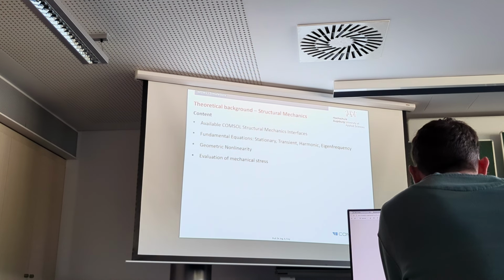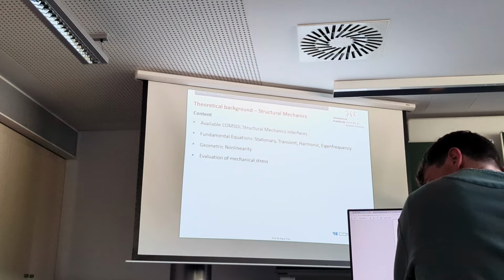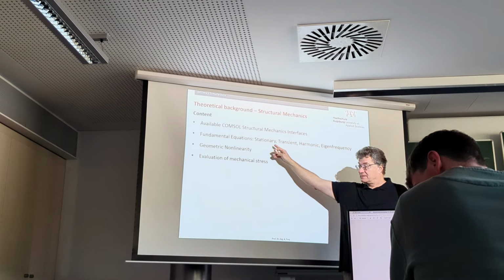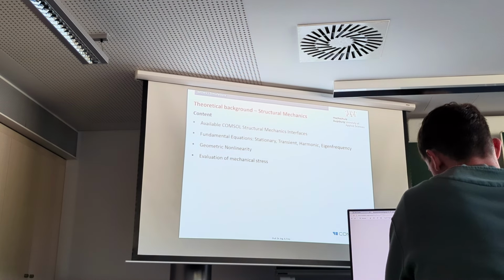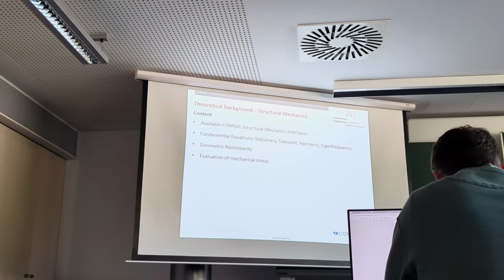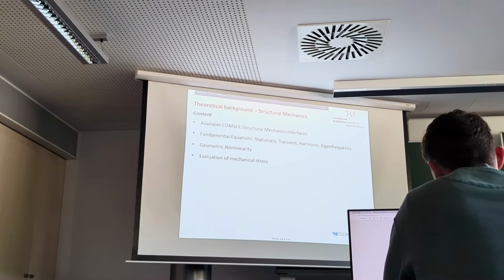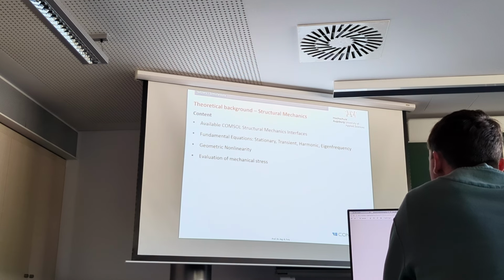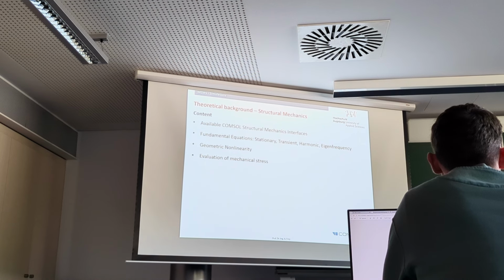So what you basically do in mechanics, in all of these cases, we have an equation which provides us information about displacement. Displacement, just to remind you, is actually a vector quantity that consists of three components, usually u, v, w, or x, y, z.